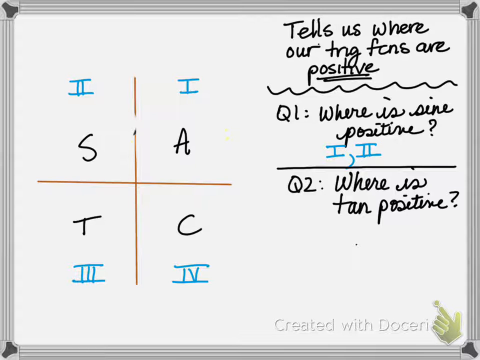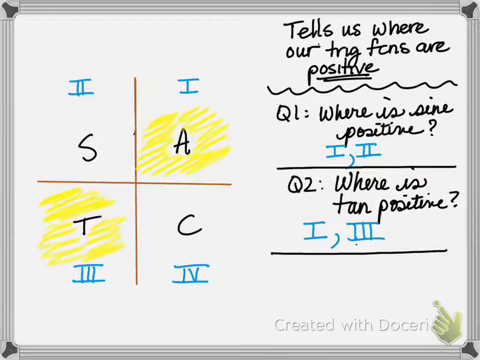Where is tangent positive? Tangent is positive again in the first quadrant because all the functions are positive in the first quadrant. So again, I'm going to put 1. And tangent is positive in the third quadrant. Why? Because the third quadrant has the letter T. So 1 and 3 is that answer.